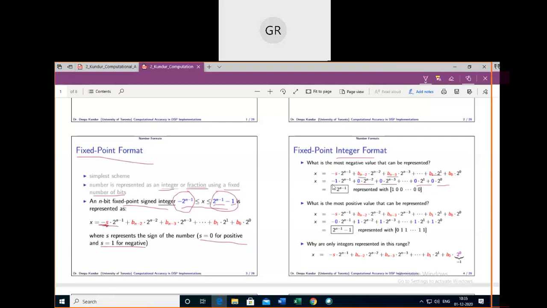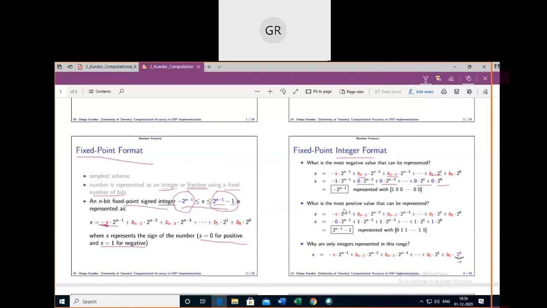What is left is minus 2 raised to n minus 1. It is represented as 1, 0, 0, 0, and so on. This is the most negative value that can be represented.